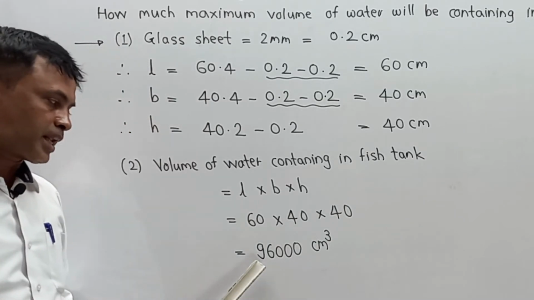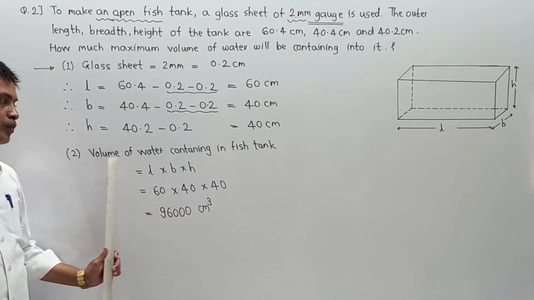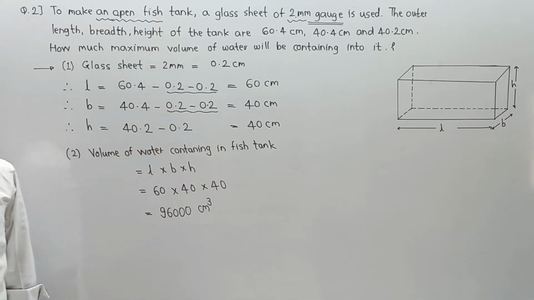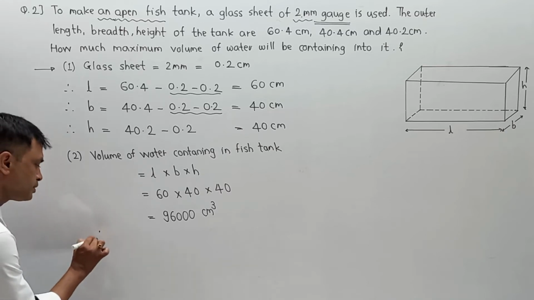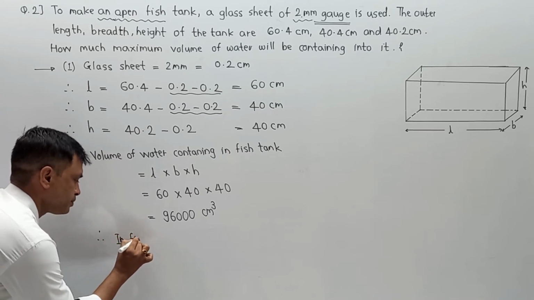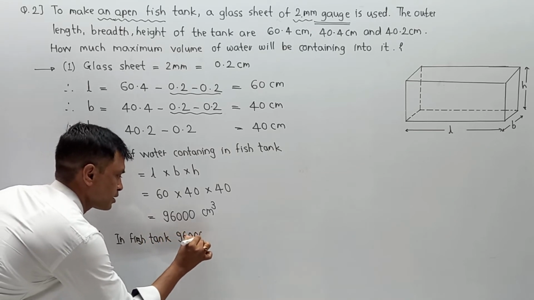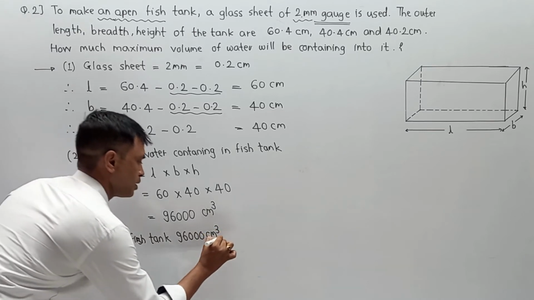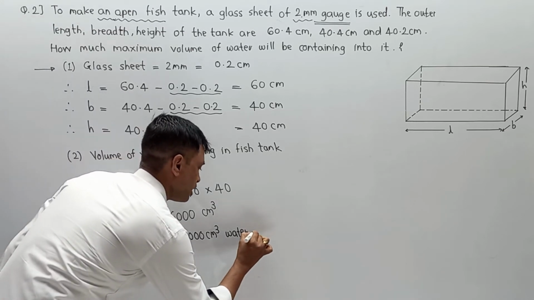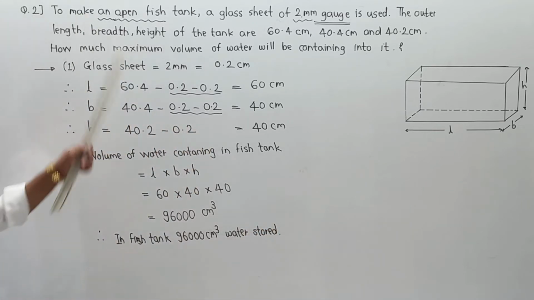So we can say 96,000 cubic centimeter of water in terms of volume is contained in a fish tank, and in this way we are going to solve the numerical. 96,000 cubic centimeter water stored in fish tank, and in this way we can complete the part.